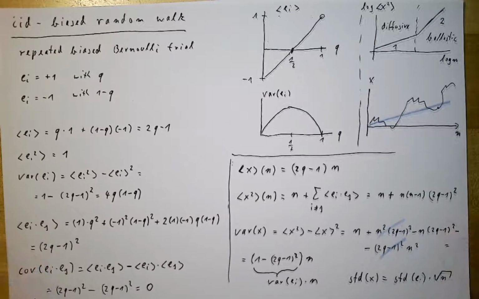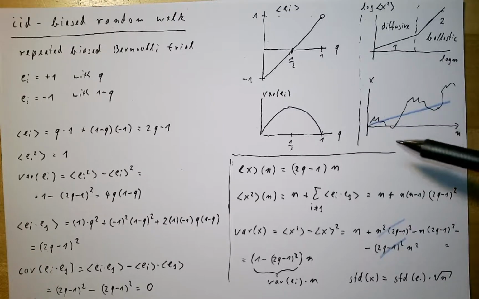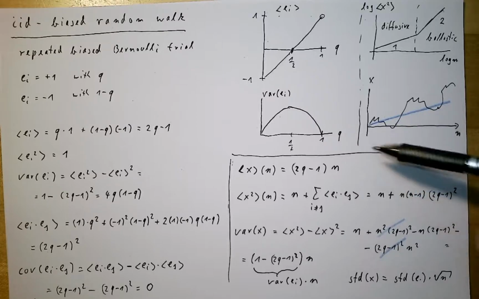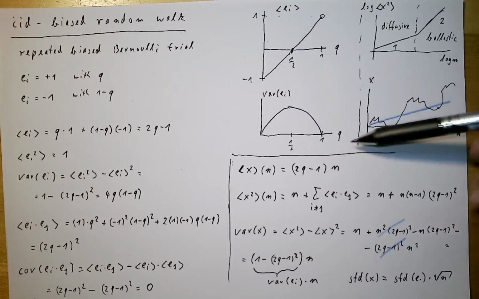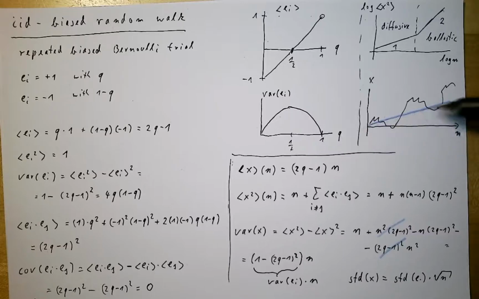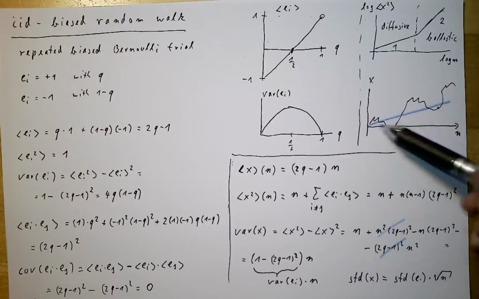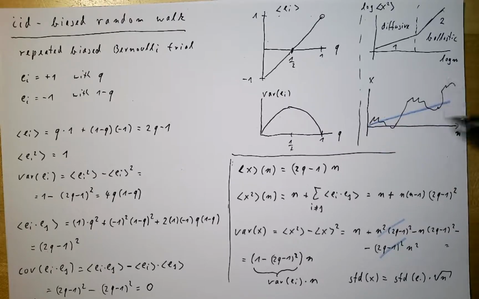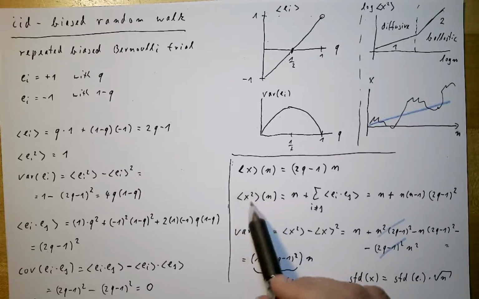Very often, if we have a biased random walk, then we go into a coordinate frame which moves with the center of gravity, so to say, and then we have only fluctuations around the bias, so very often we don't have to calculate the variance, and it's enough to calculate only the second moment.